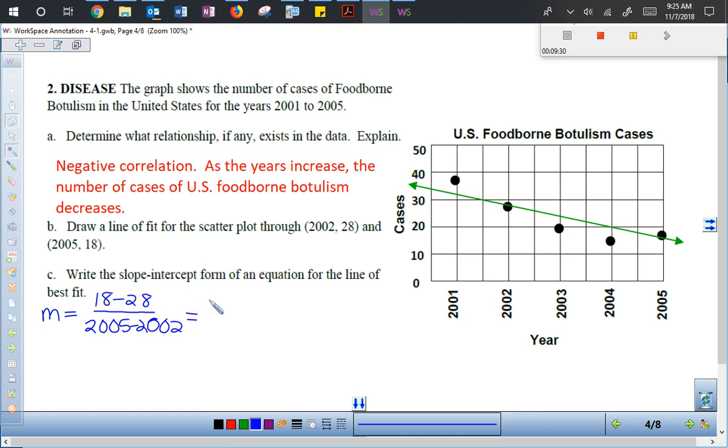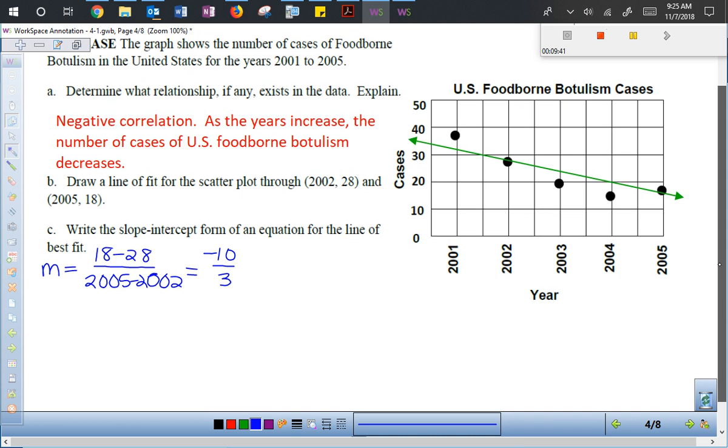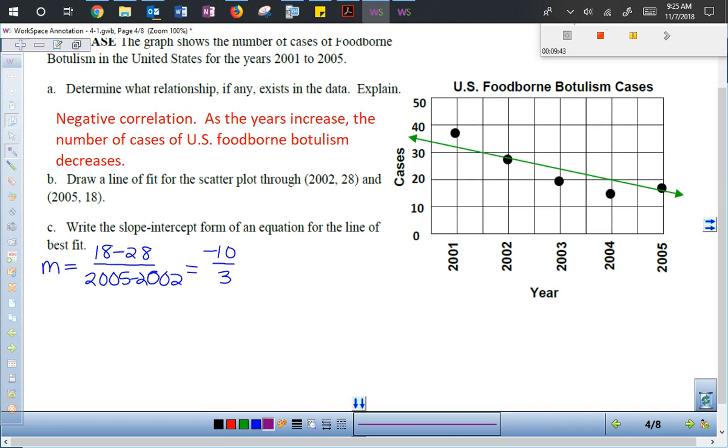Now 18 minus 28 is negative 10. 2005 minus 2002 is 3, and I have a fraction of negative 10 over 3. Now, we cannot simplify negative 10 over 3, so I'm just going to leave it like that. You will be working with some pretty rough fractions this section, and that's okay.